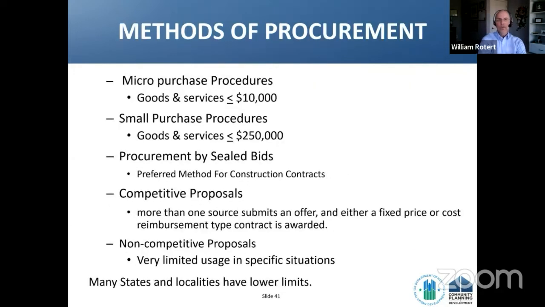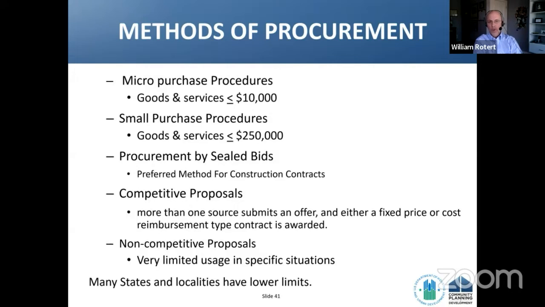So what are the specific options available to you under federal procurement requirements? The first one is the one I mentioned earlier, which is a new category called micro purchases. And that option is used for goods and services when the amount is less than $10,000. And it's a very informal process where you might go out and purchase from a local vendor a computer or office equipment of some kind.